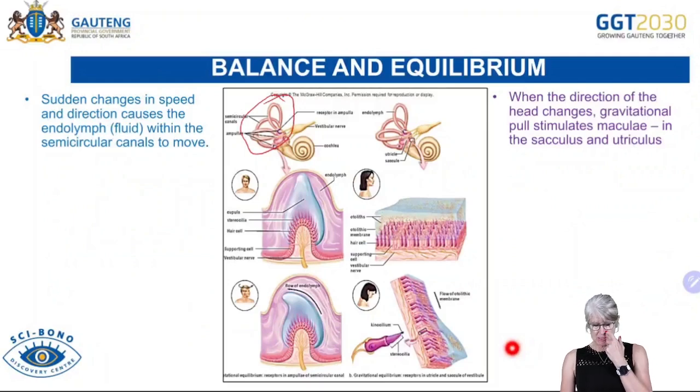Okay, so sudden changes in speed and direction cause the endolymph, because remember we said there was fluid in the inner ear, so there's endolymph as well in the semicircular canals, and they start to move.